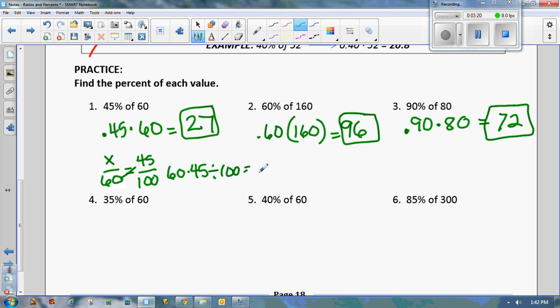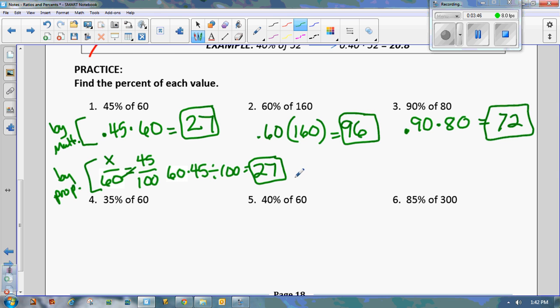You can put all of that in your calculator, and that gives us a total of 27. So whether we do it through multiplication or as a proportion, we should still come out with the same value.